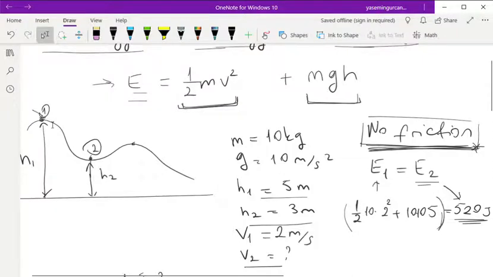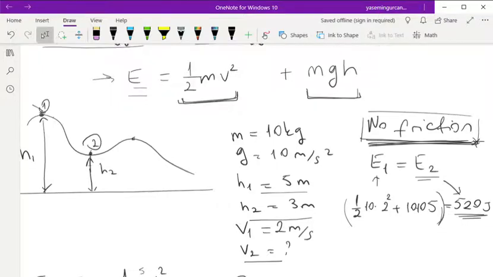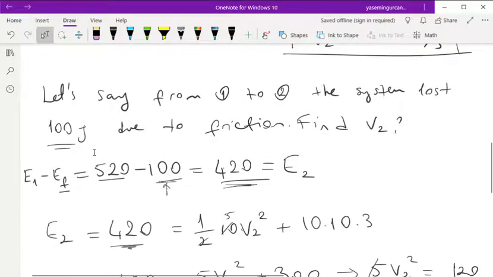But on the way to 2, 100 joules of this energy is going to be spent on friction and released to the environment. So the total energy at position 2 is going to be that much less. Therefore, 520 minus 100 is the total energy the object is going to have at position 2, which is 420, right?